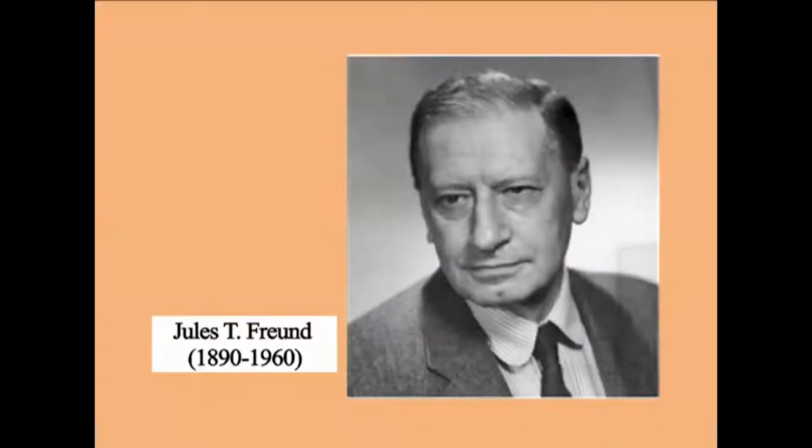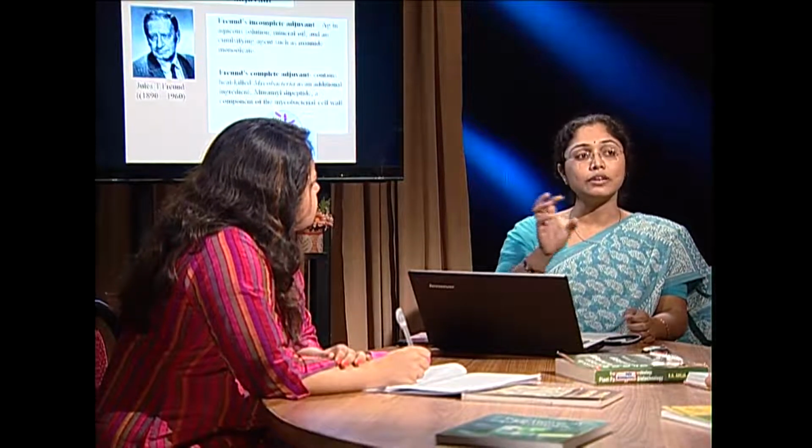It was discovered by Jules Freund. There are two types of Freund's adjuvants, complete and incomplete. Freund's incomplete adjuvant contains mineral oil and emulsifying agents, whereas Freund's complete adjuvant contains parts of the mycobacterium, heat-killed mycobacterium, mainly muramyl dipeptide, a component of its cell membrane.